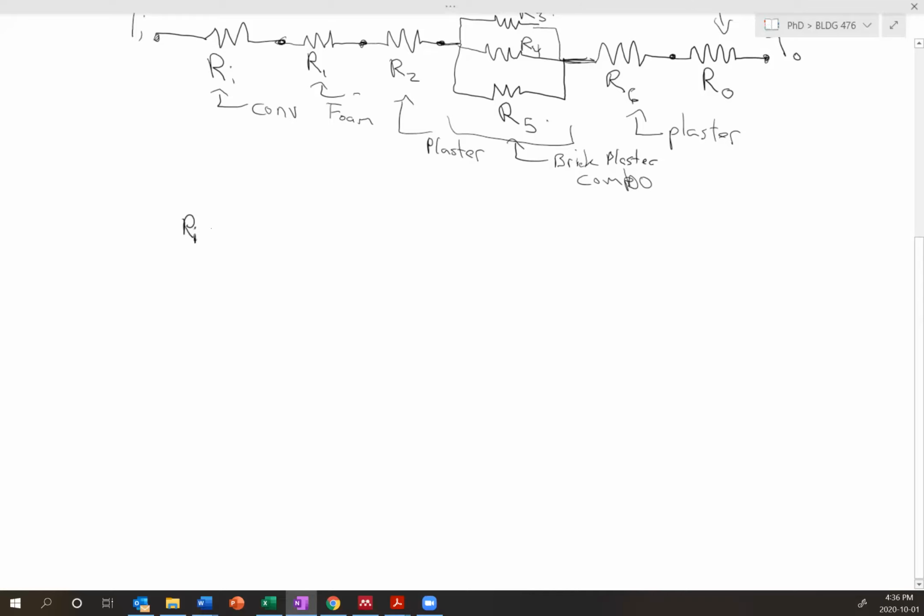R at the inside, we'll call this convection at the inside, is going to be equal to 1 over HA. And of course, this 1 over HA comes from our original convection equation, which was HA times T surface minus T infinity. So this equation, which we were using before, is what they used to develop this.